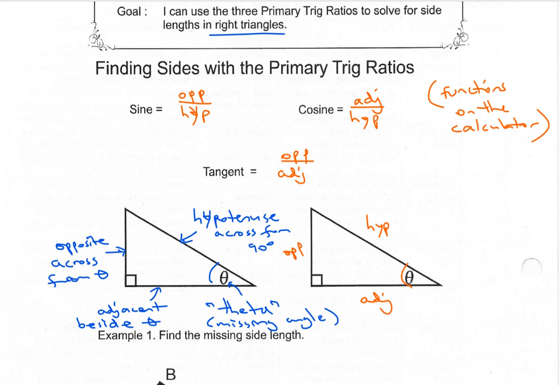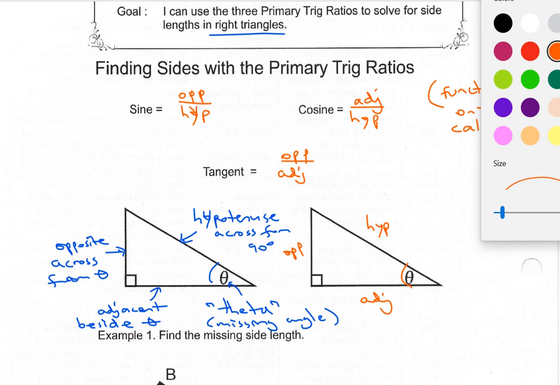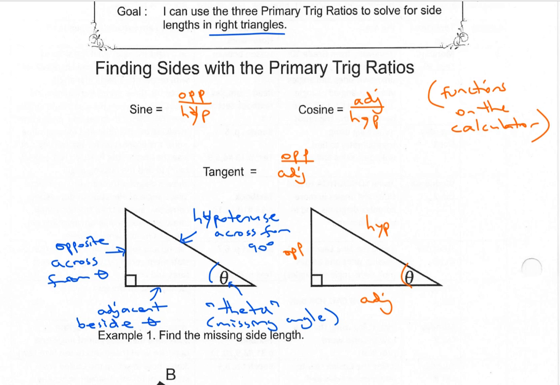Okay, now these three things you're going to need to remember, okay? And in order to remember them, there is a little memory aid that we use, and it looks like this. SOH CAH TOA. And SOH CAH TOA is nice and famous. Lots of students like it because SOH CAH TOA tells us what each of these sine, cosine, and tan mean.